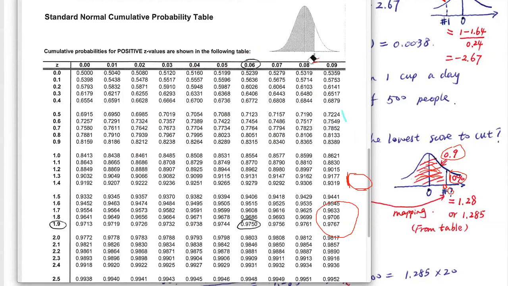Would it be 1.29? Let's try to find out which number here is close to point line. You see two numbers here. It's very, very close. We don't have an exact match. That's okay, so we can use either one, everybody.